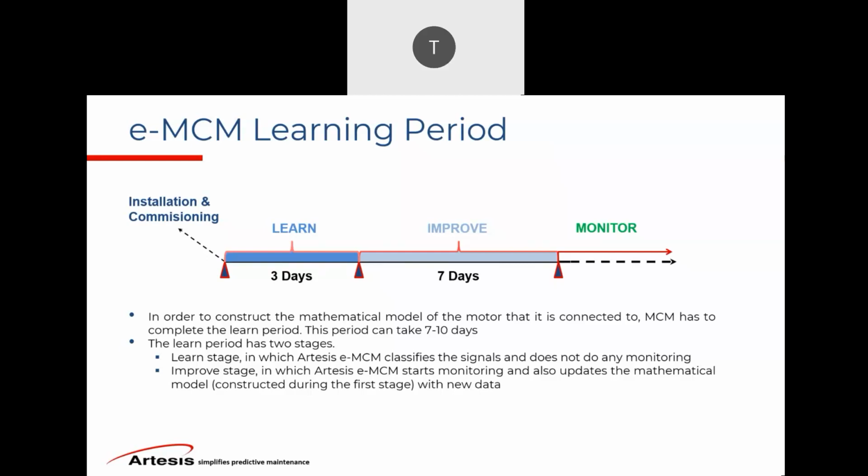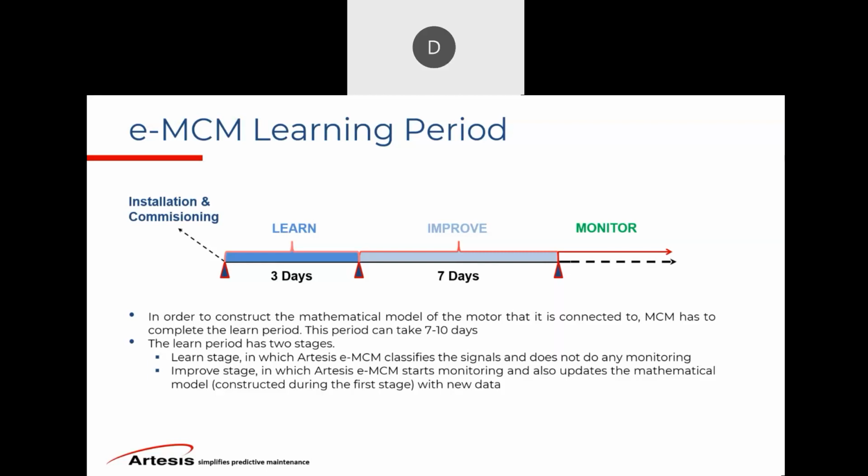And what this 3 to 7 days means in more technical terms is that this EMCM system is taking three-phase voltage and three-phase current at a 2.5 kilohertz sampling rate for every 1.5 minutes. That's called an iteration.